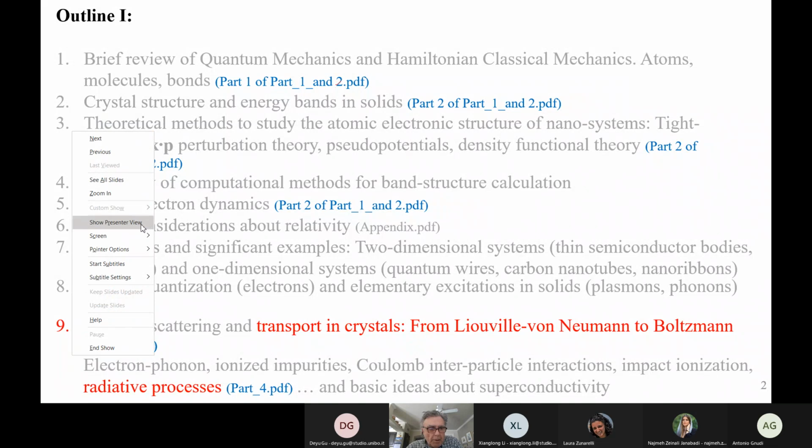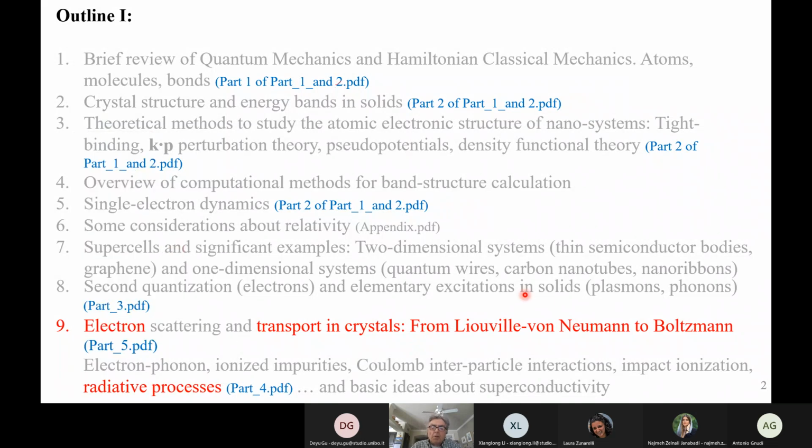So finally we're going to get to transport. It's a subject that is extremely subtle. The idea would be ideally to derive a semi-classical transport equation that has been used in various forms and shapes to simulate electronic transport in semiconductor devices.